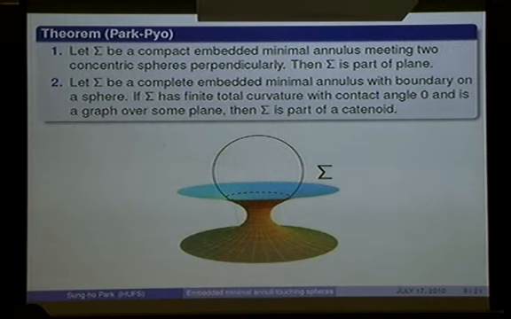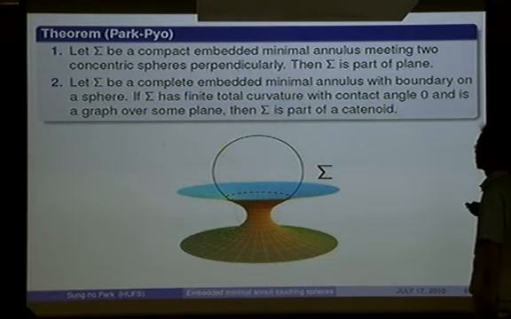The second result says that if sigma is a complete embedded minimal annulus with boundary on a sphere, and if sigma has finite total curvature with contact angle 0, that means the minimal annulus meets this sphere tangentially, then it is a graph over some plane.